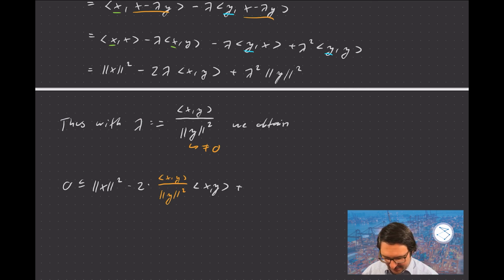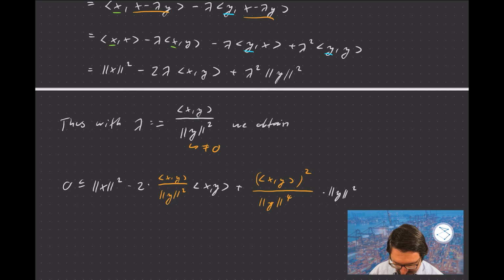Plus, and then we have lambda squared even. So that means we have the scalar product of x and y squared divided by the norm of y to the power of 4, times the norm of y to the power of 2. Okay, so that's what we get here. So this here is our lambda, or lambda squared in this case.